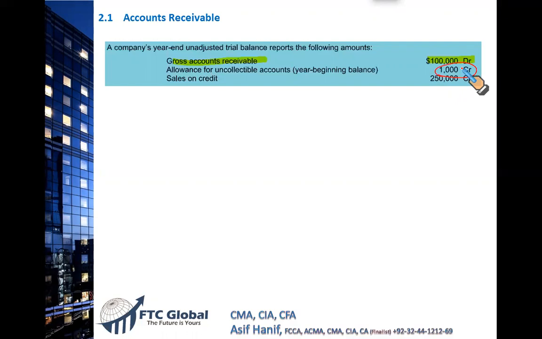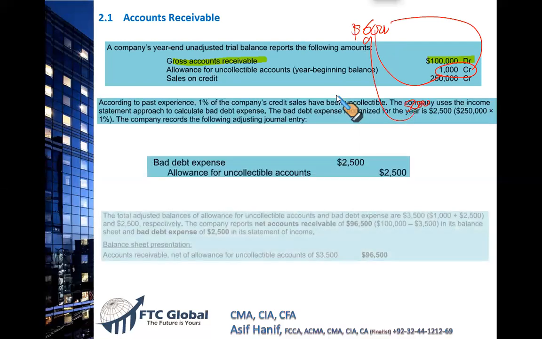In the balance sheet approach, you will calculate the provision, 6,000. That's what we need. If we already have a credit balance of 1,000, that means we need to create the entry for the net amount required to bring the balance up to 6,000. So we are going to take 5,000 as the amount for which we are going to make the entry.